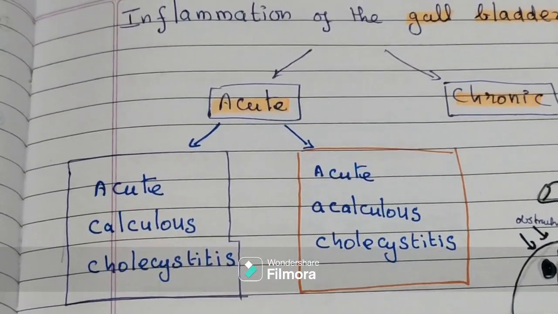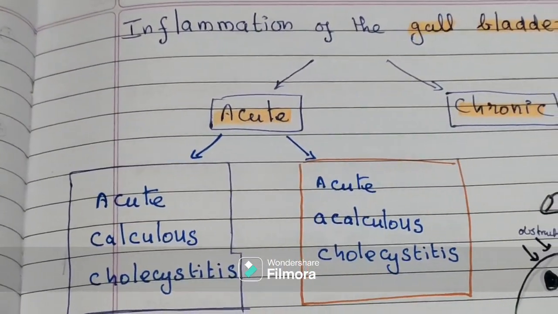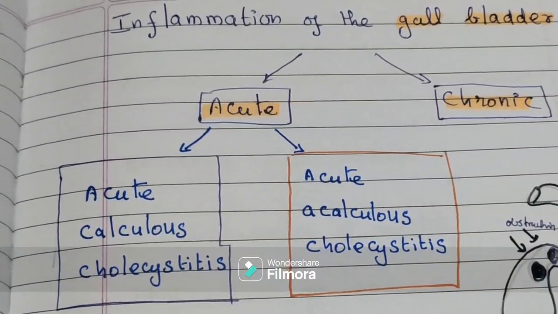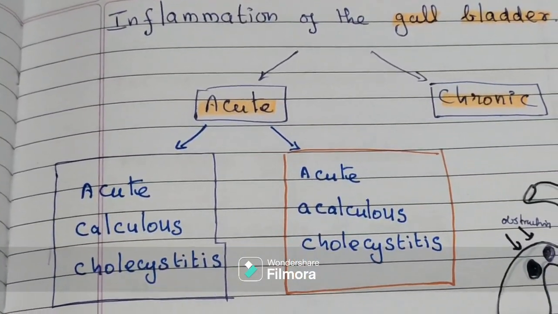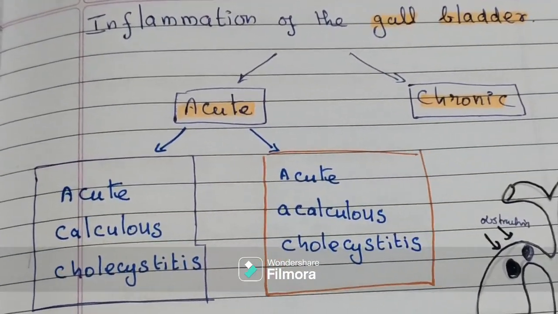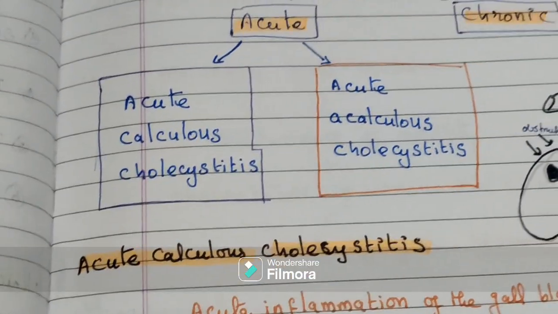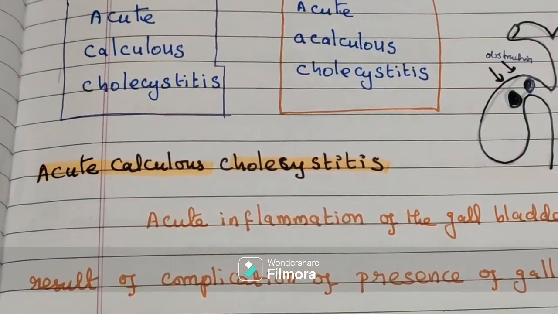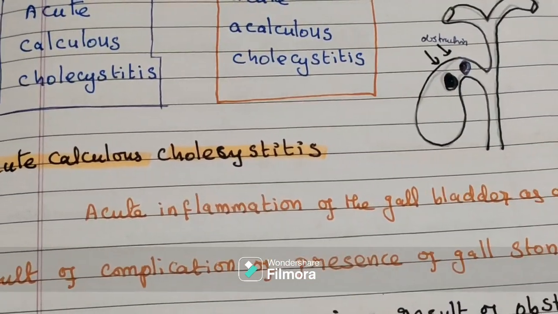So the first one, acute calculus cholecystitis, is because of gallstone. The second one is acute acalculous cholecystitis, where gallstone is absent. Now coming to acute calculus cholecystitis.